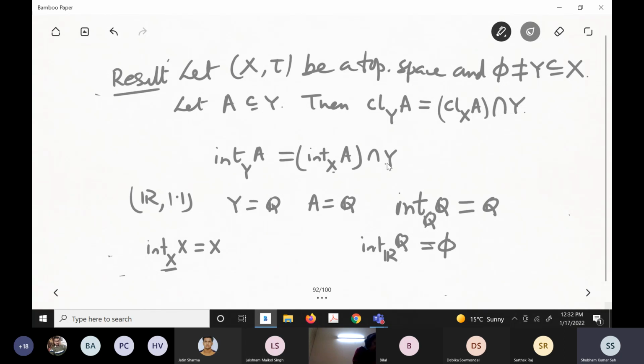So with this empty set, the intersection will be empty. On this side it will be Q. So this is not true.